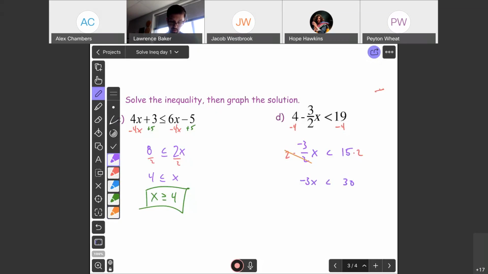Then when I go to divide by that -3, I'm dividing by a negative. So that's going to flip my symbol in the middle. Okay, so I'm going to do that in a different color just to highlight that. So I get x is then greater than -10. So it's working through a fraction again, making sure you flip your symbol.